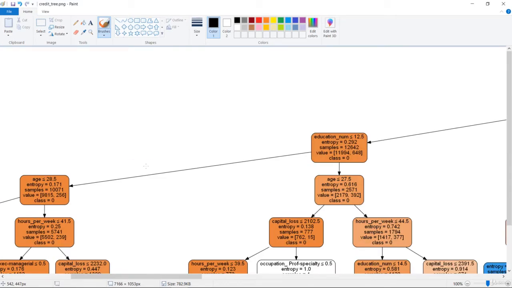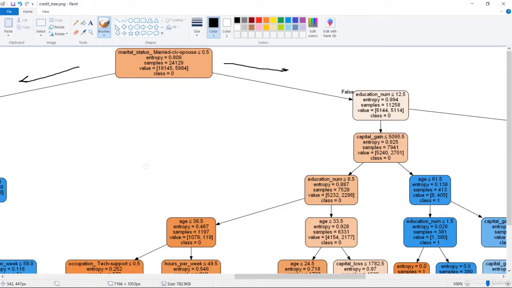So we will make our decision based on the answers we get to these questions, right? We will ask a question for a specific feature or a specific column, and the value of this individual for this specific feature will help us decide if the classification should be 0 or 1.